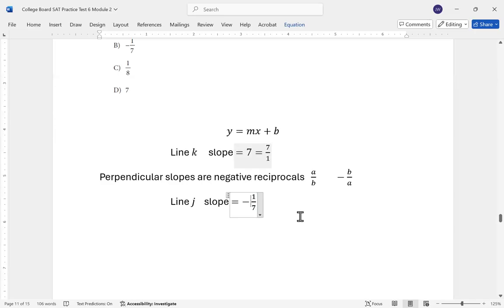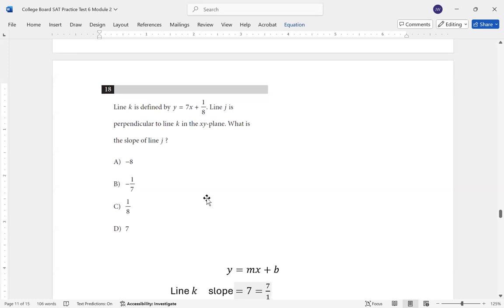So the slope of line J should be negative 1/7, which is obviously B. So the answer to question 18 is negative 1/7, or B.